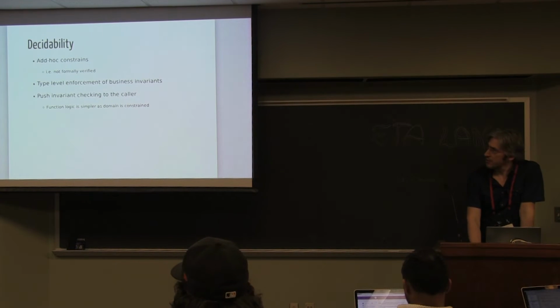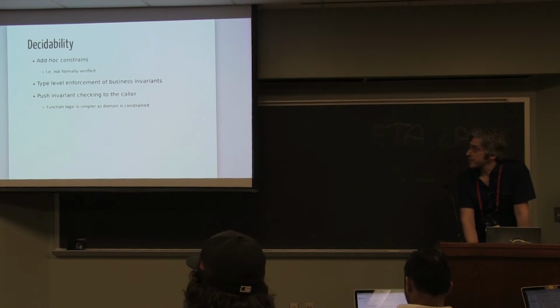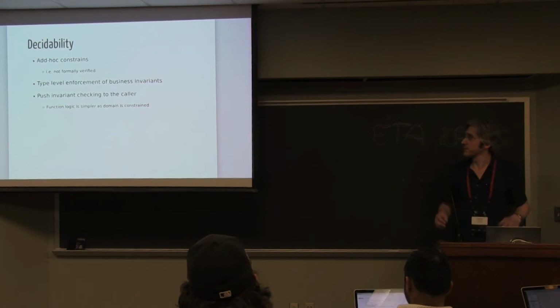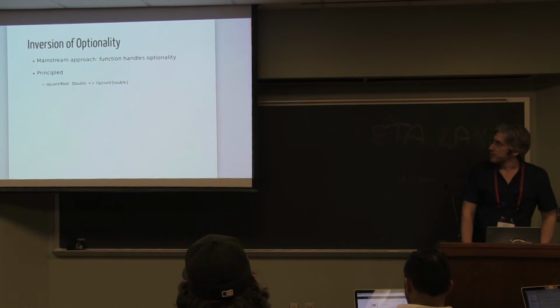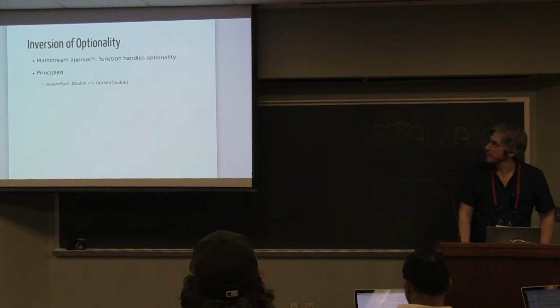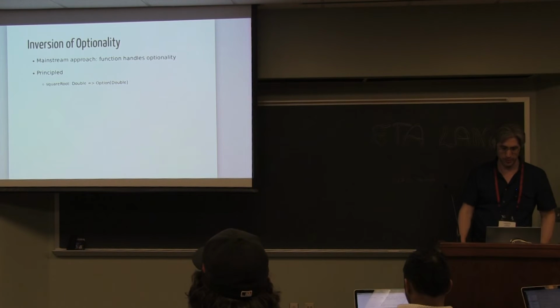So this could also be seen as pushing the invariant check into the caller. So the function logic is shrunk, the domain is shrunk because you are adding an invariant to the signature of your function. When I'm talking about optionality here, I mean implicit invariants. For example, a clear example is square root.